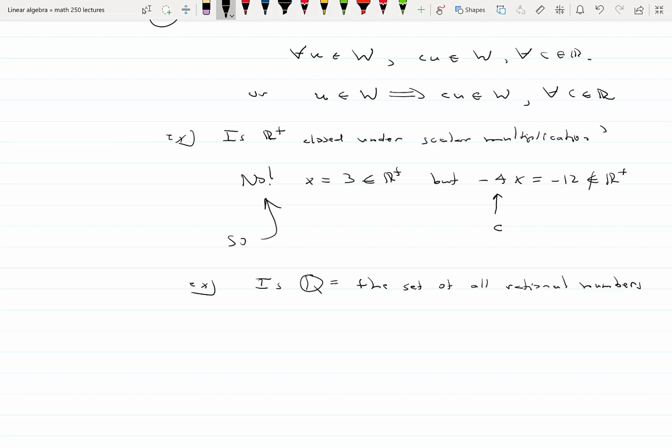Okay, so Q you could think about as the set of all p over q such that p and q are, oh no, not real, are integers. And of course, q can't be 0.